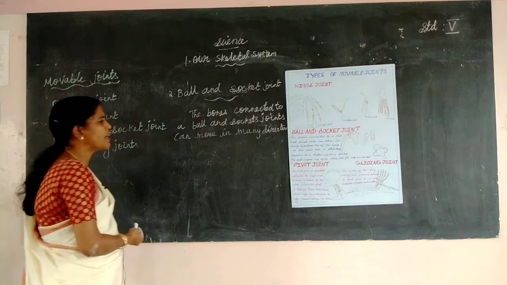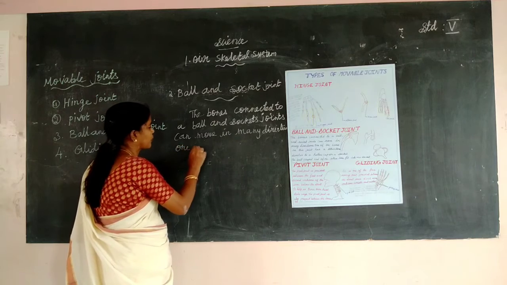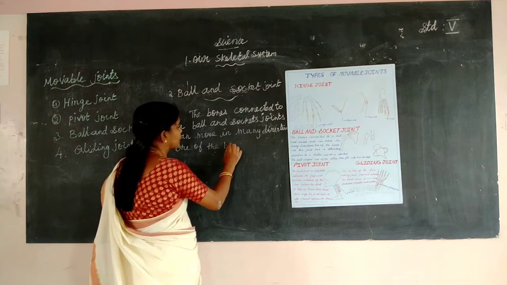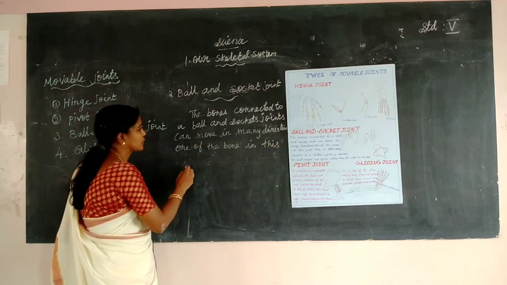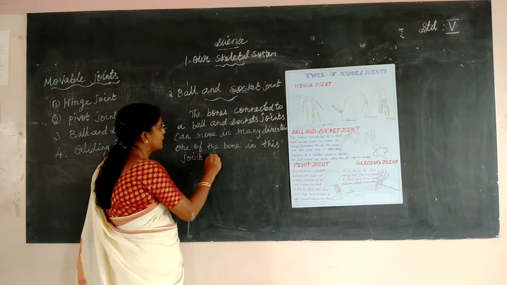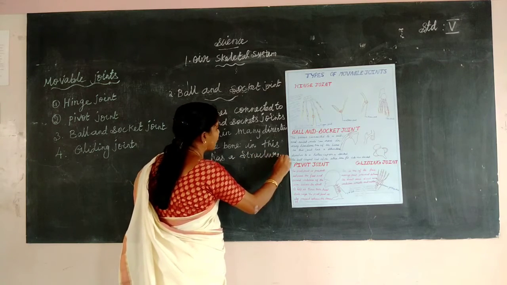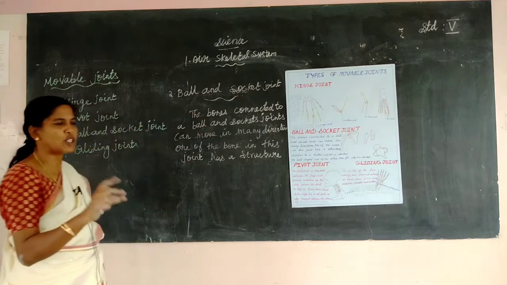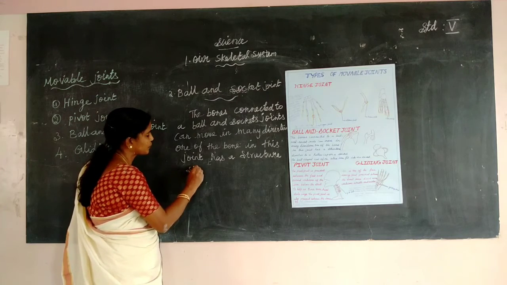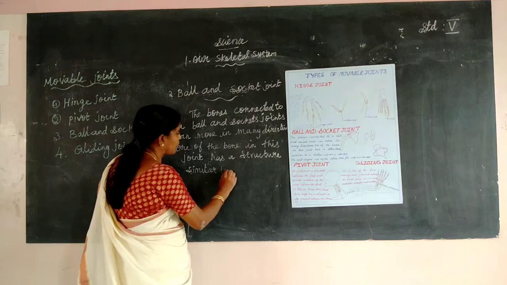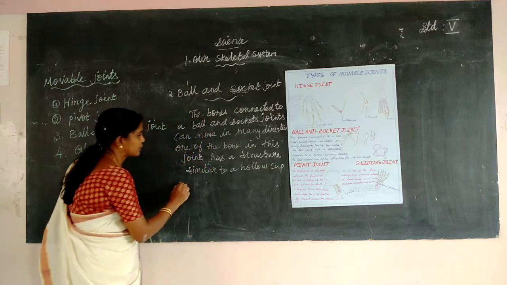One of the bones in this joint has a structure similar to a hollow cup or a socket.